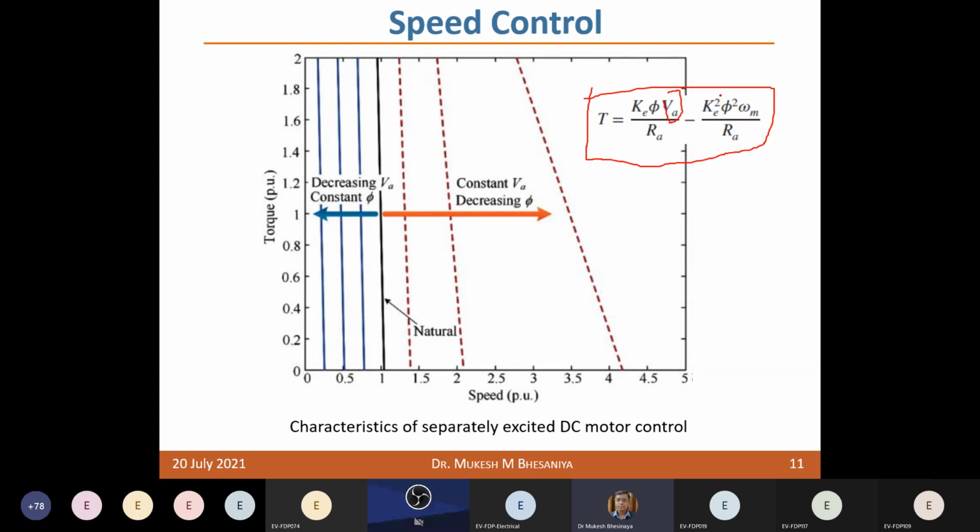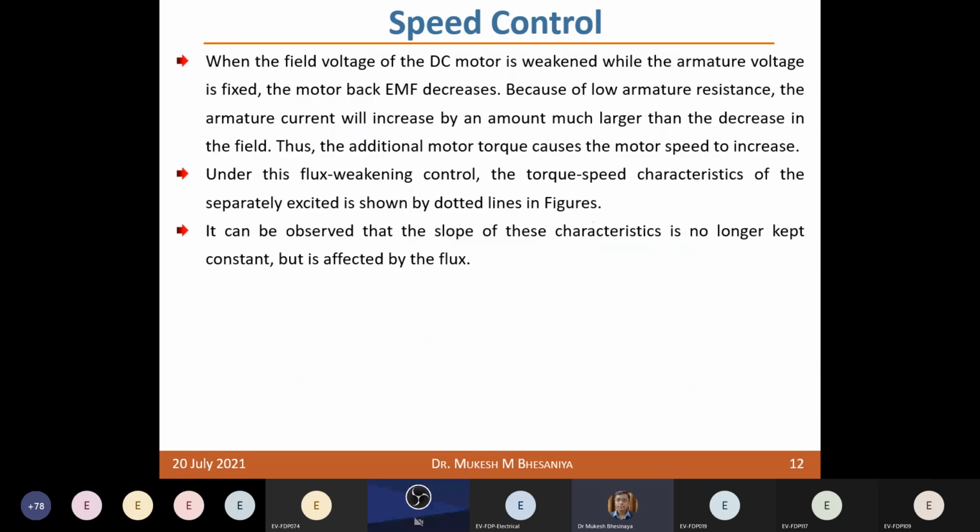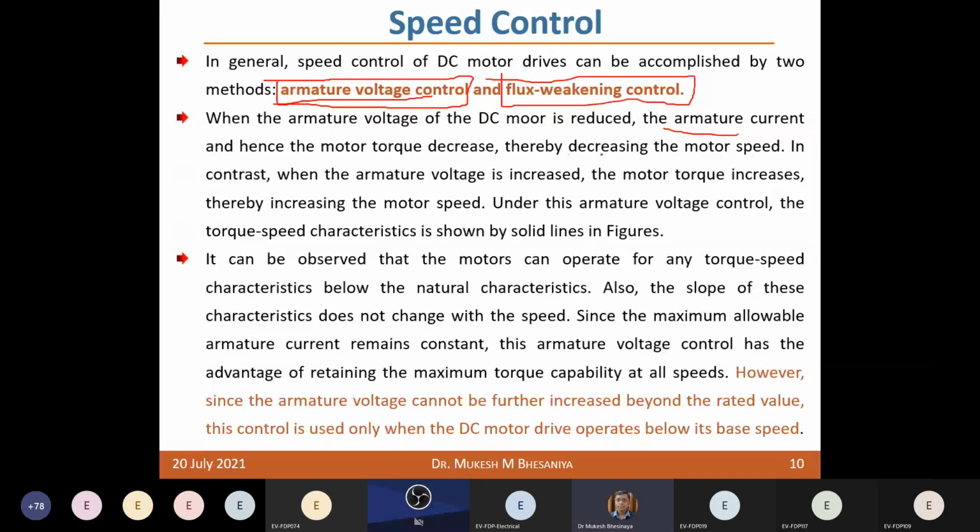You have the armature voltage here and the flux here. By changing the armature voltage, the torque is reduced and hence the speed is reduced. In contrast, when the armature voltage is increased, the motor torque increases, thereby increasing the motor speed. So to increase the speed of a motor, you need to increase the armature voltage.